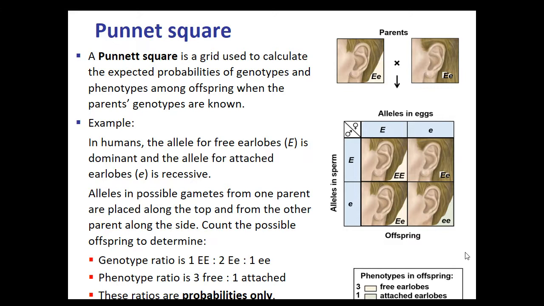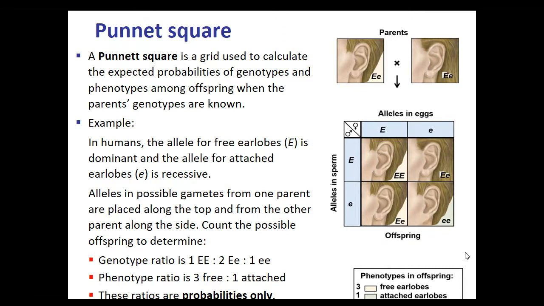So there's 3 out of 4 that it'll be free, and 1 out of 4, 25%, that it will have attached earlobes. So that's the phenotype ratio: 3 free to 1 attached. Or 75% free, 25% attached.